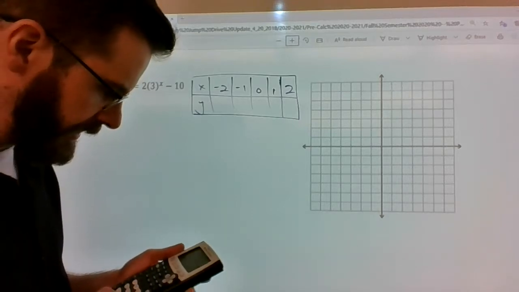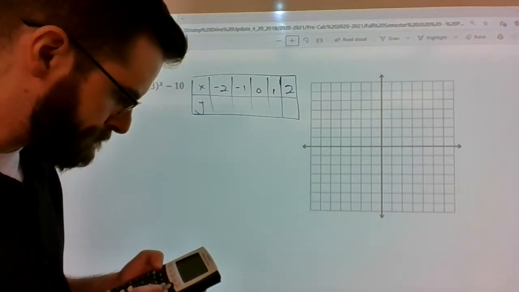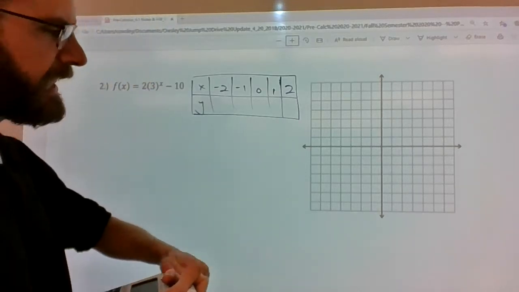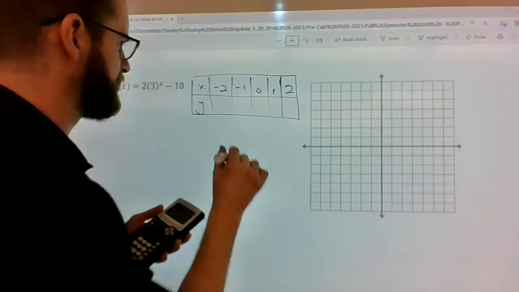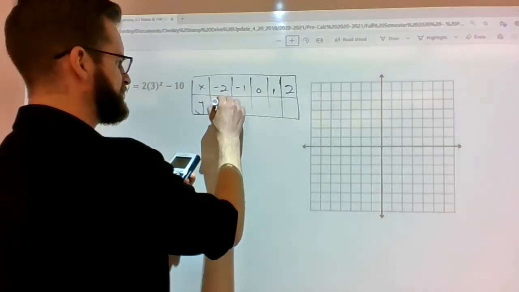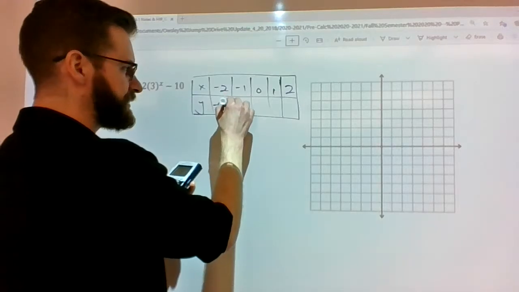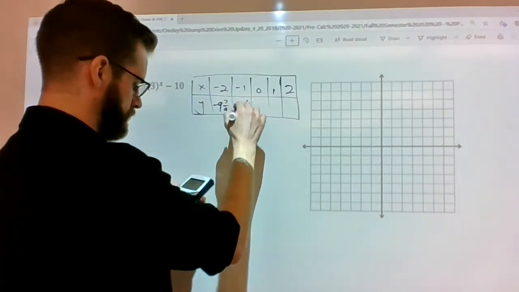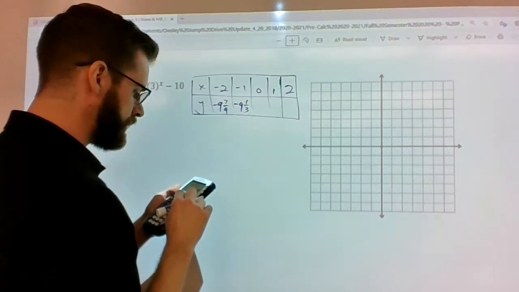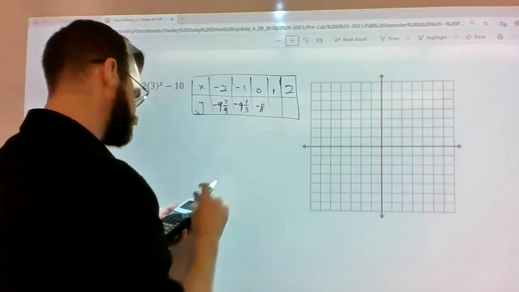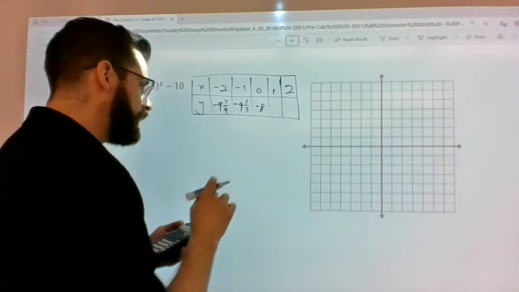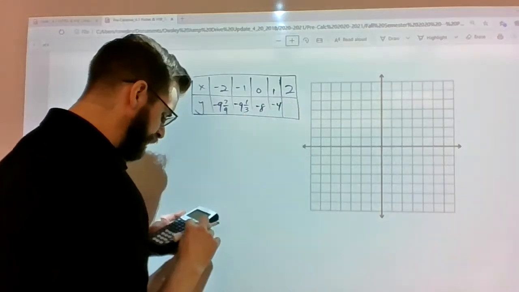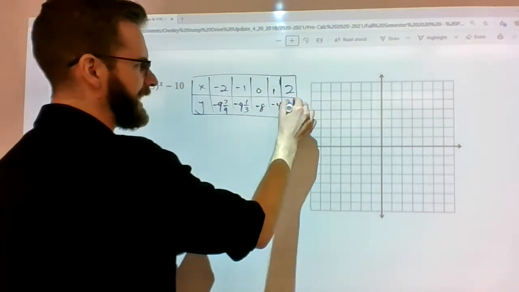Maybe not start at -1 billion this time. Oh, -2 is -9.7 repeating. That's 7/9. -1 is -9 1/3. 0 gives me -8. 1 gives me something more reasonable, -4. And then 2 gives me 8.